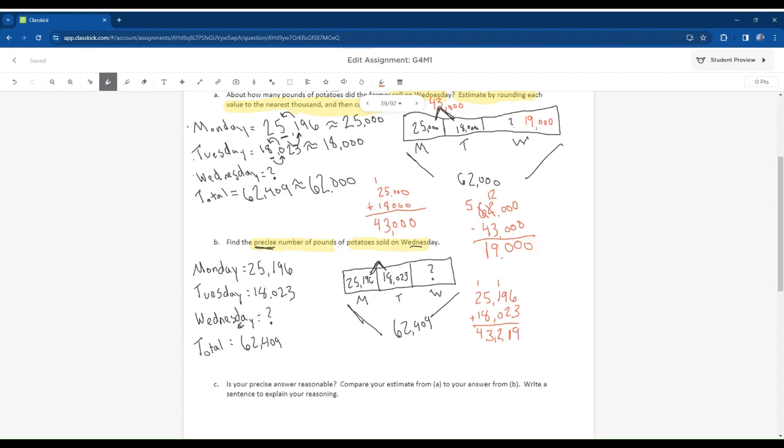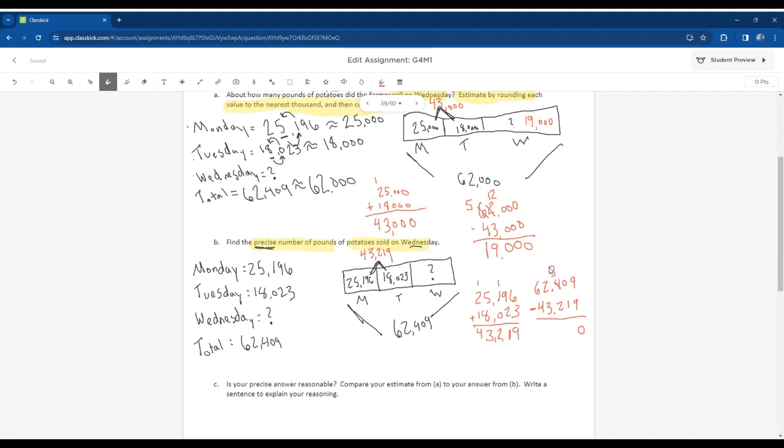Now again, I'm going to take my total and subtract that number because that's the Monday and Tuesday amount. And that'll leave me with just Wednesday. So 62,409 minus Monday and Tuesday's amount. 9 minus 9 is 0. 0 minus 1, I'll have to regroup.